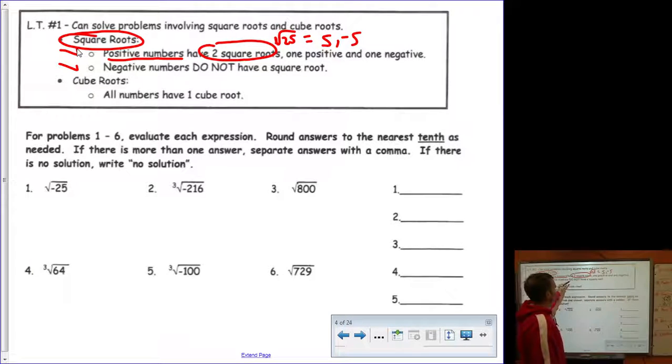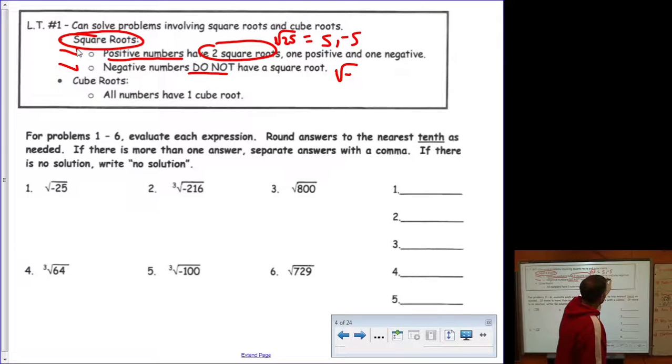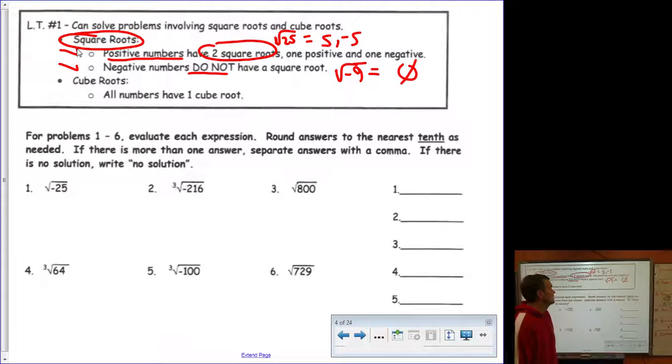But negative numbers do not have square roots. Like the square root of negative 9 equals, well, there's no solution to that. That is the biggest reason people do not master this section, is getting the wrong number of answers on each problem.